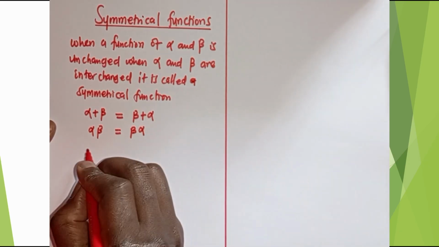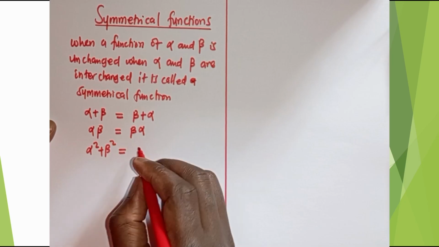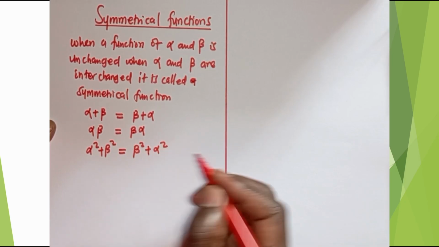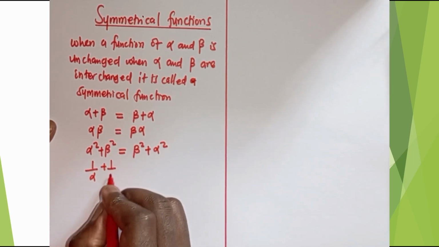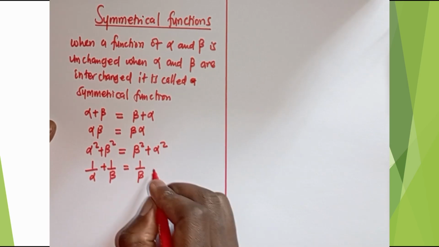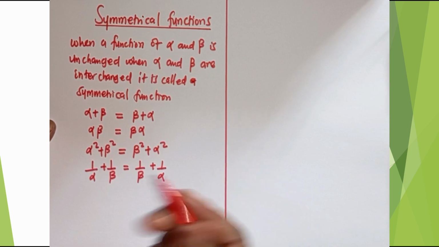Another one: if I have alpha square plus beta square, it's the same as, when I interchange it, beta square plus alpha square. If I have 1 over alpha plus 1 over beta, it is the same as 1 over beta plus 1 over alpha.